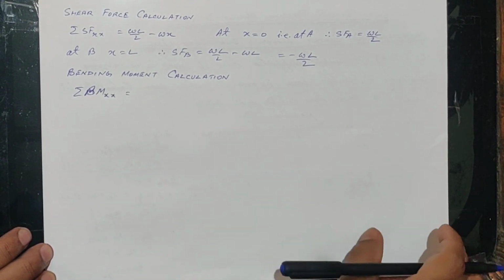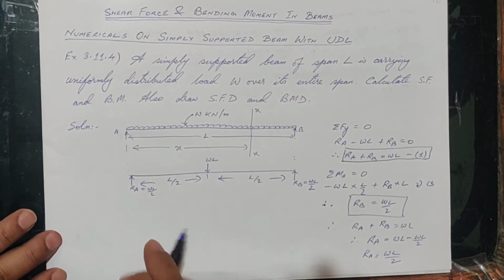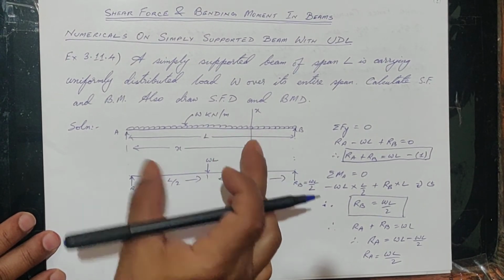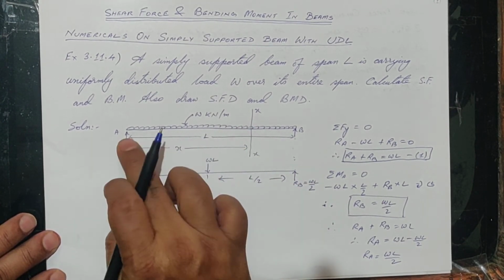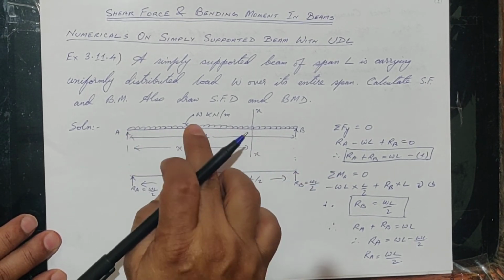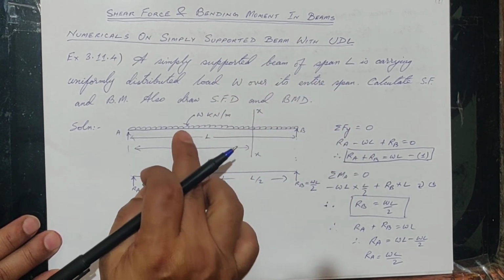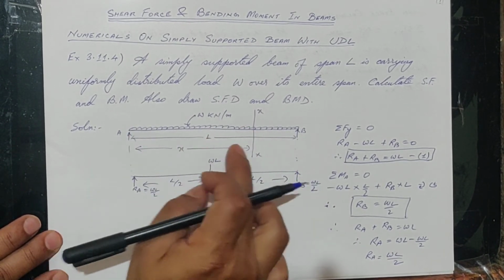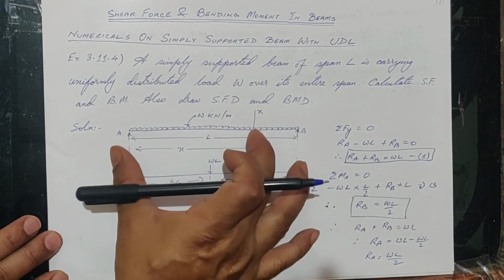For BM at XX section, what we have here is WL by 2, and this is for XX section, so that is for X distance. And for this distance, W, which is acting in the anti-clockwise direction, is W into X, multiplied by the half of this distance. Half of this distance is X by 2 because it will act at the center of this section.